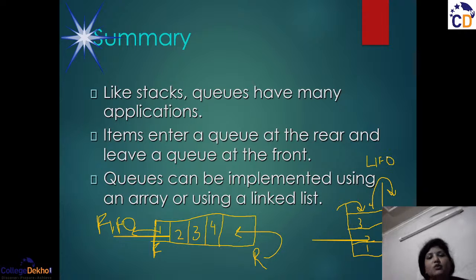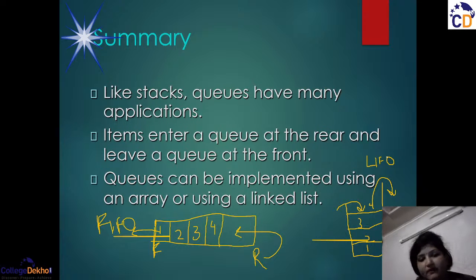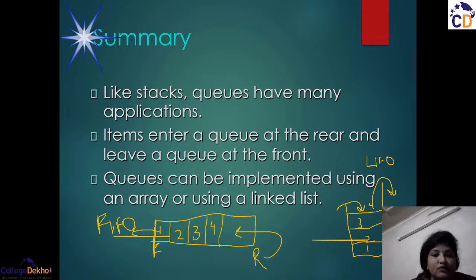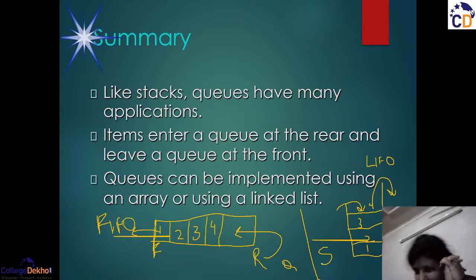Whereas in queues we follow the FIFO order. The element which is first inserted will be coming out first. So it follows FIFO order, first in, first out. So it is very necessary to know the difference between stacks and queues. So these are queues and these are stacks. Stacks follow LIFO order, last in, first out, because the top pointer of the stack is denoting it.